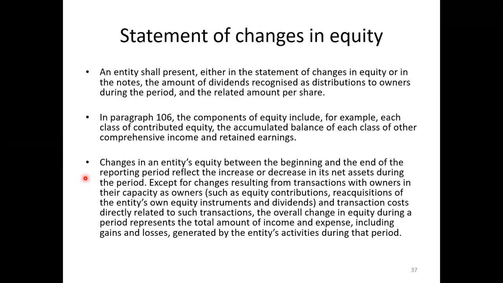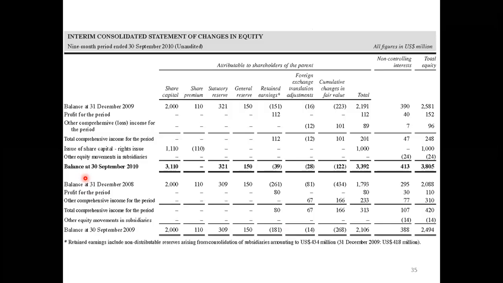Changes in an entity's equity between the beginning and the end of the reporting period reflect the increase or decrease in its net assets during the period. When you see here, you can find the beginning balance and the ending balance.